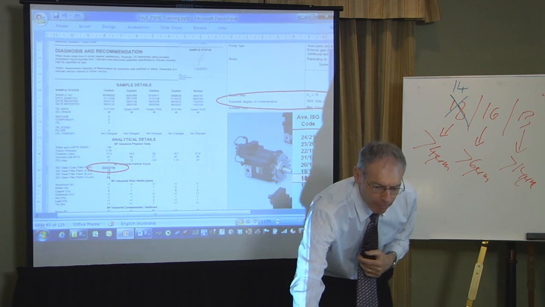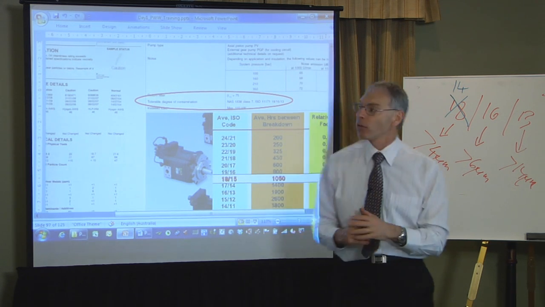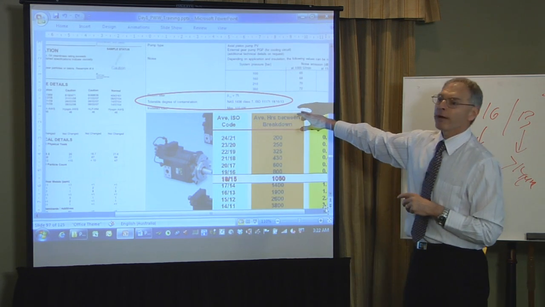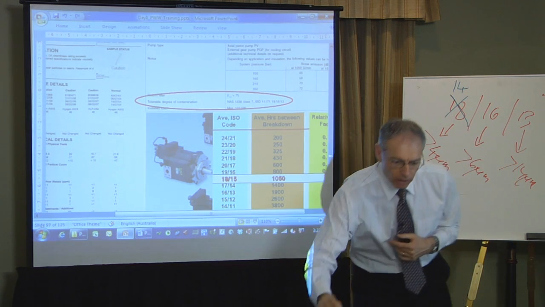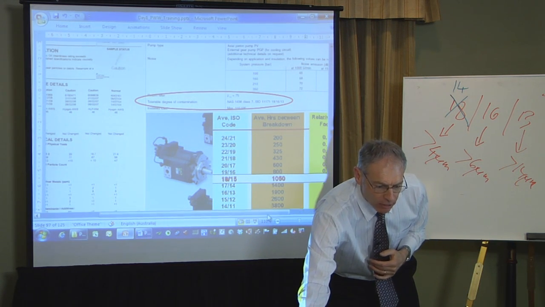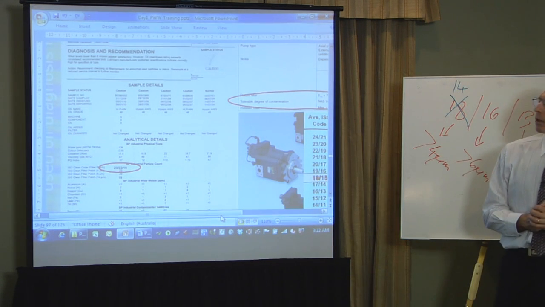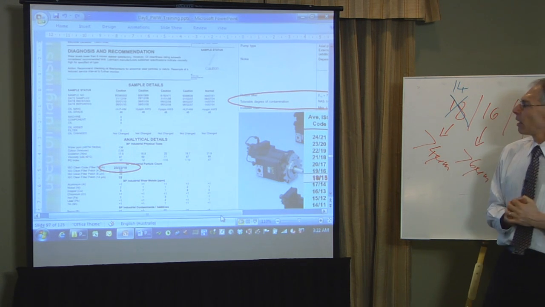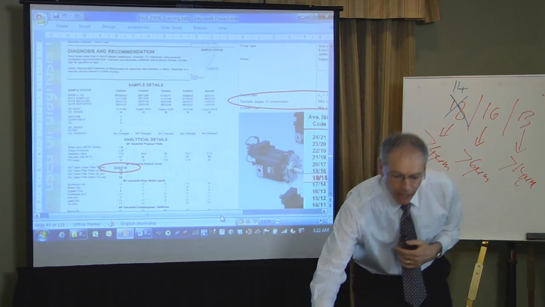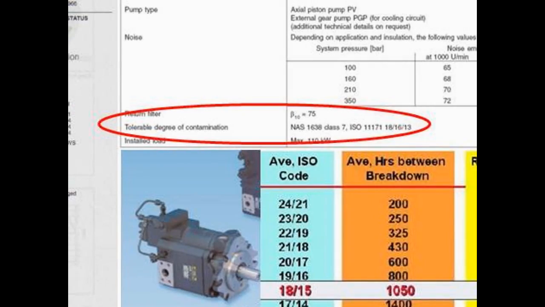So I go back to the OEM's requirements, and the OEM's manual says your oil must be no more contaminated than 18, 16, 13. But hang on, it says 18, 16, 13 is the worst it's allowed to be, and I've got 23, 22, 19. Does that bother you? Yes. It bothers me now because I was told the worst it's allowed to be was this 18, 16, 13.